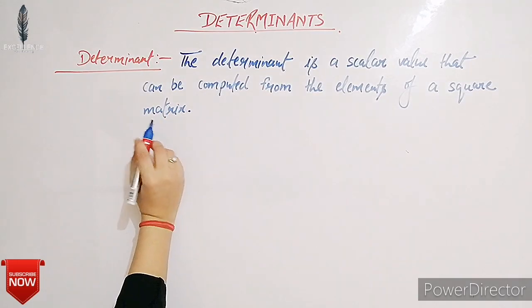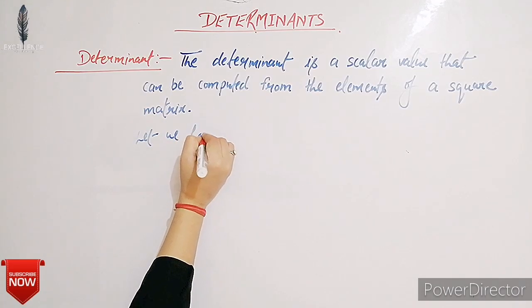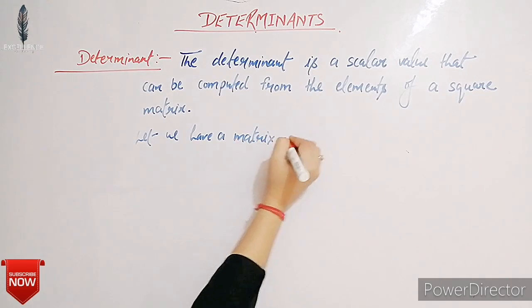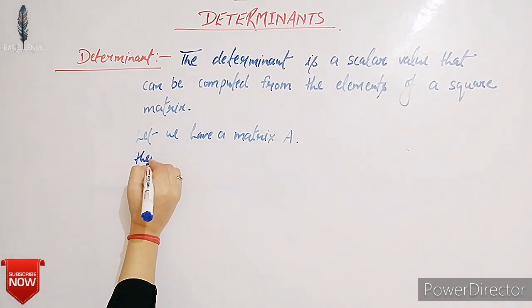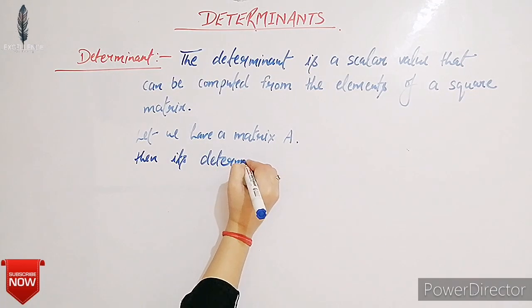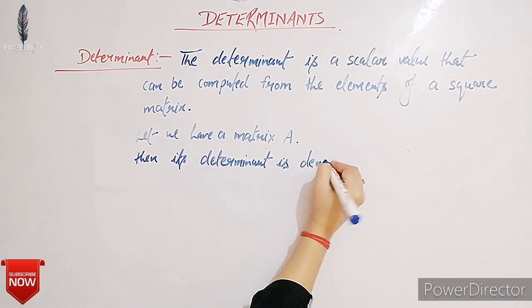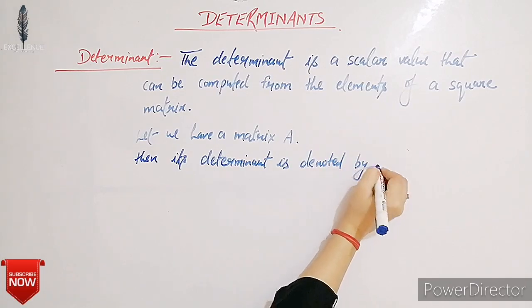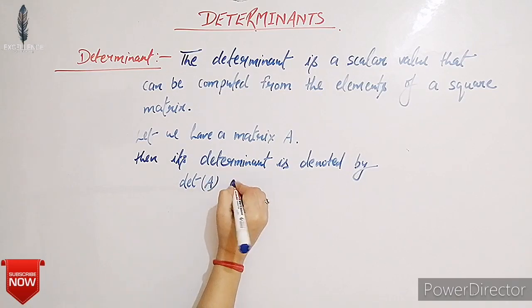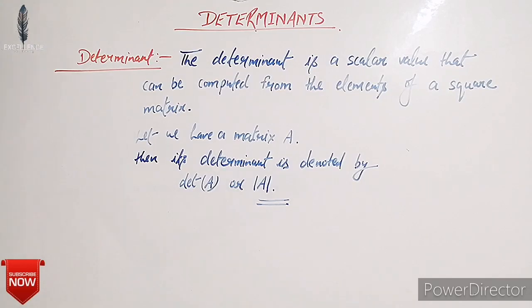Let us have a matrix A. Then its determinant is denoted by determinant of A, or determinant of A with the mod sign.